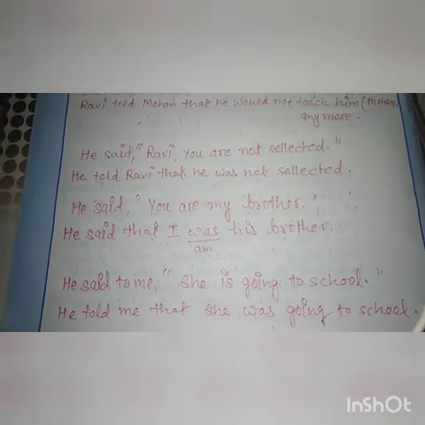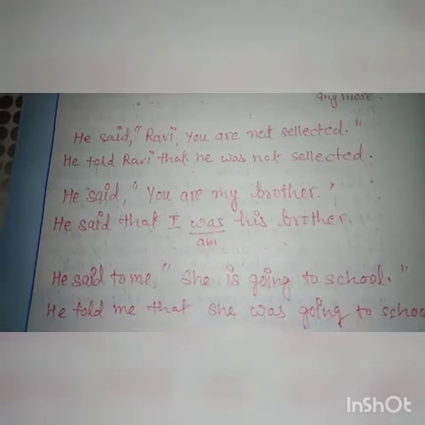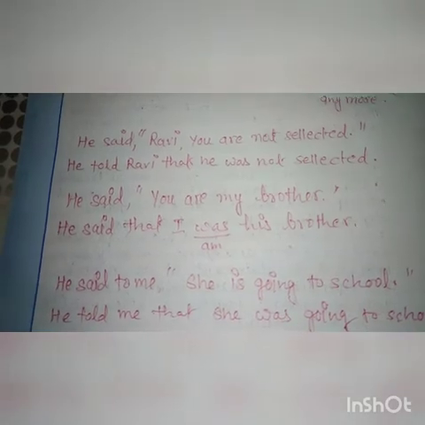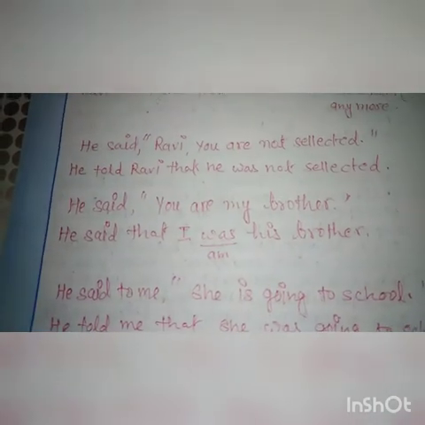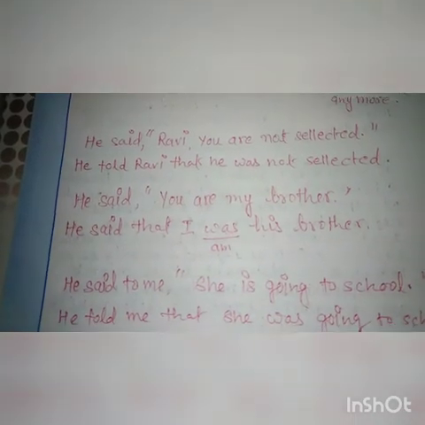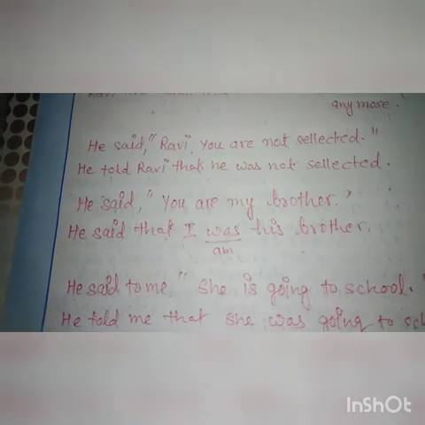But in the reported part you just see we have Ravi, which is a nominative absolute which just works like an object for the reporting verb. So here we are just changing like this. He told Ravi that he was not selected. So now Ravi is here as an object.